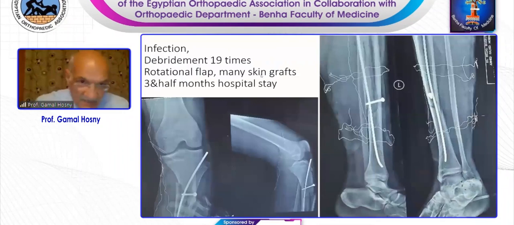The patient stayed in the hospital for 3.5 months, and he had severe infection and had been treated by rotational flap, and he had 19 times debridement, and he had rotational flap and many skin grafts. He does not remember the number of the skin grafts that were done.